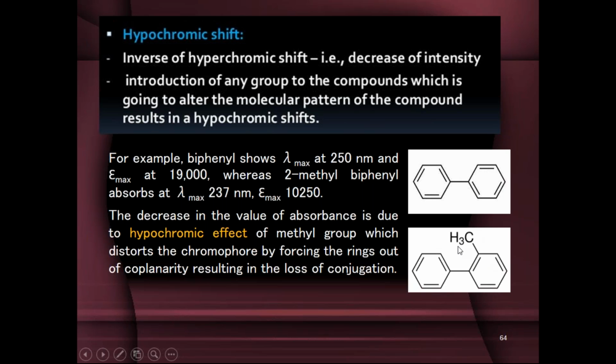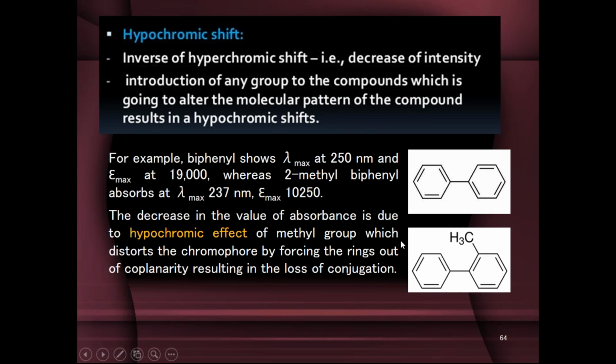So when an oxochrome attaches, like methyl, what is happening to it? The decrease in value of absorbance is due to hypochromic effect of methyl group, which distorts the chromophore by forcing the rings out of coplanarity, resulting in the loss of conjugation. So this is a different type of effect. We saw earlier that an oxochrome generally causes a hyperchromic effect.